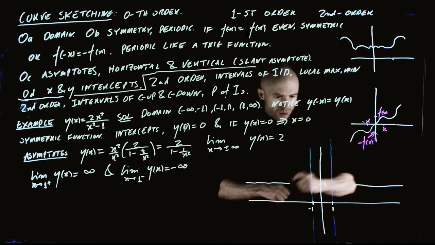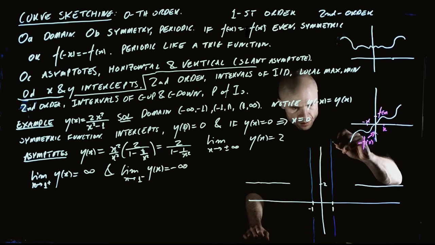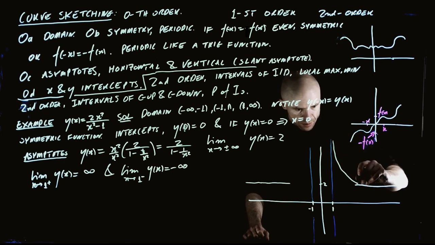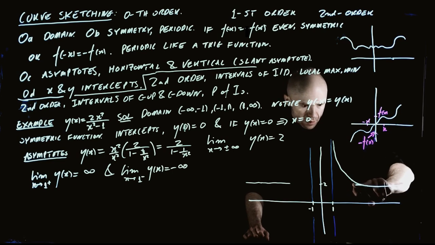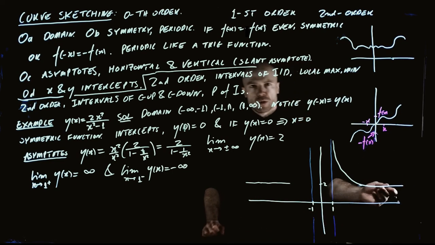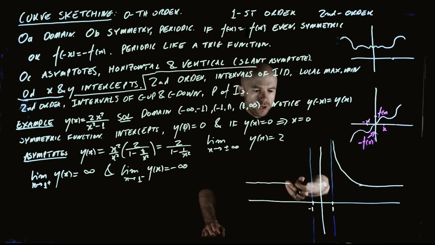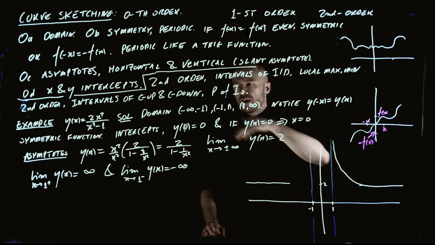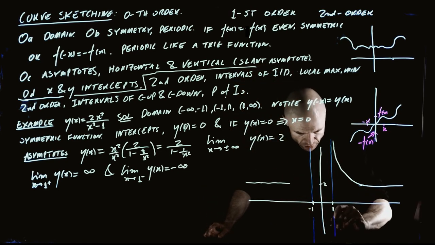And what we see happening is that this thing is doing something like this, most likely, right? Because as we approach 1 from the right-hand side, it's blowing up to infinity. And as we approach 1 from the left-hand side, it's going down towards negative infinity, so it's somewhere like this.